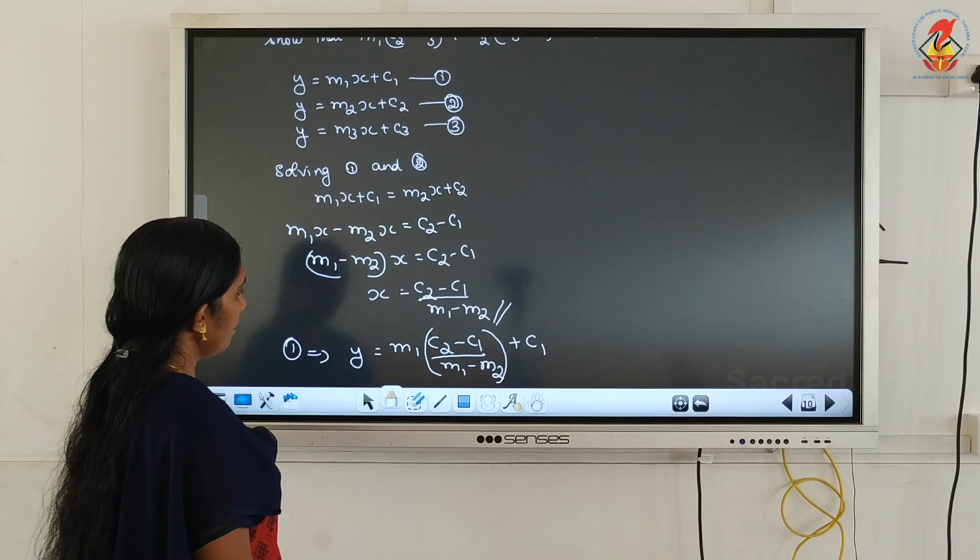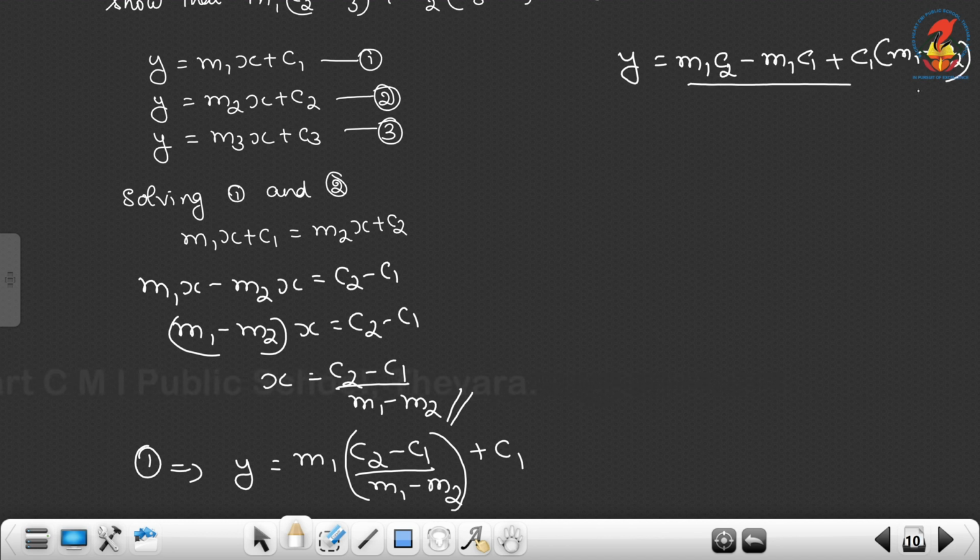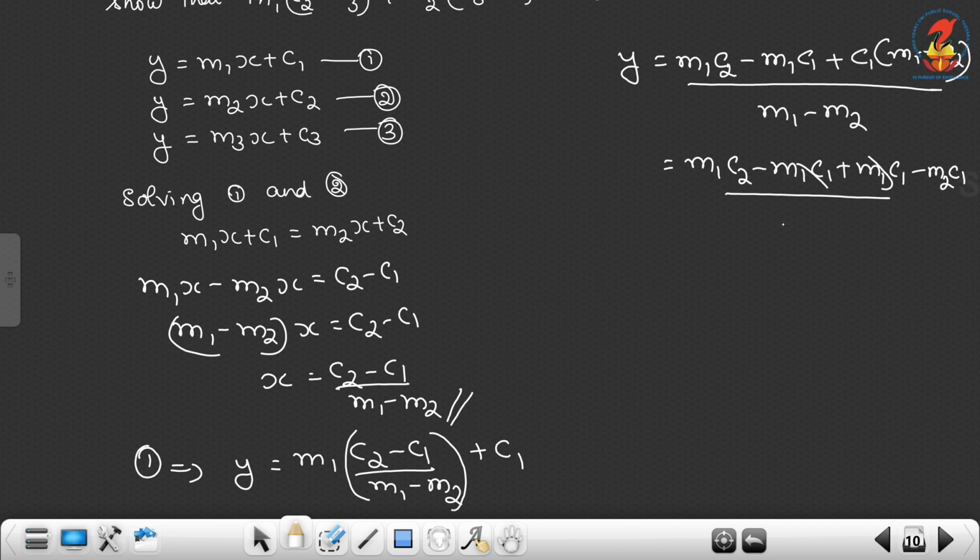Now simplification: y is equal to m1 c2 minus m1 c1 plus c1 into m1 minus m2, by m1 minus m2, that is equal to m1 c2 minus m1 c1 plus c1 m1 minus m2 c1 by m1 minus m2.